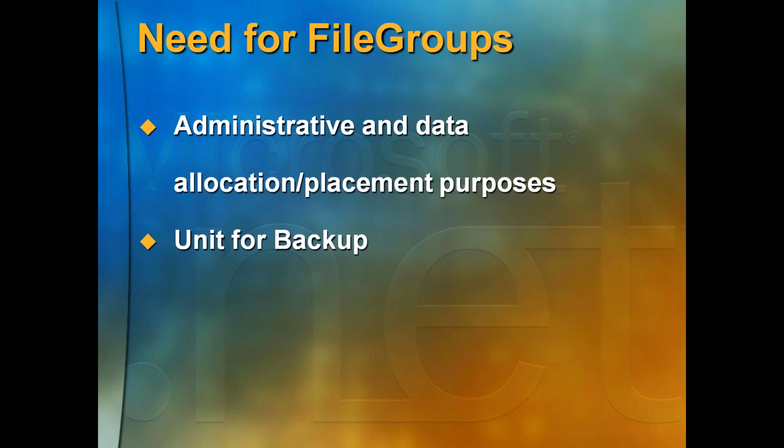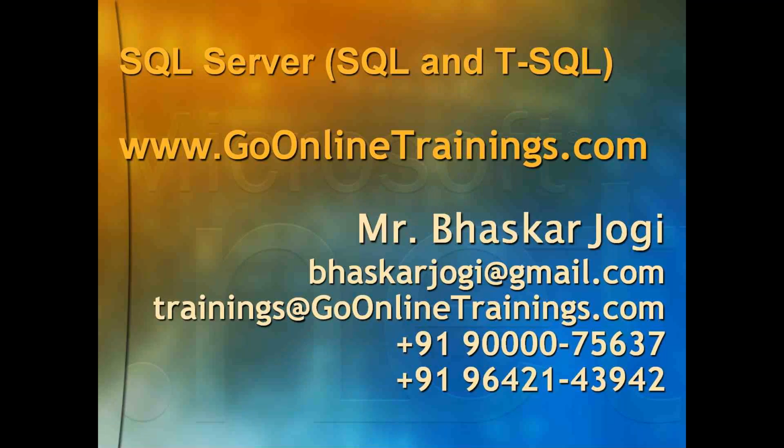For example, I say John data, Bhaskar's data. Why do we need to create two folders? I can take the backup tomorrow of John's data. I wanted to delete tomorrow John's data. I wanted to delete my data, Bhaskar's data. If I create a folder, the placement and allocation is very, very easy. I can easily take a backup, copy, paste, move, cut, whatever I want to do, I can easily do it. That is the need for the file group. Okay. So do you have any questions?